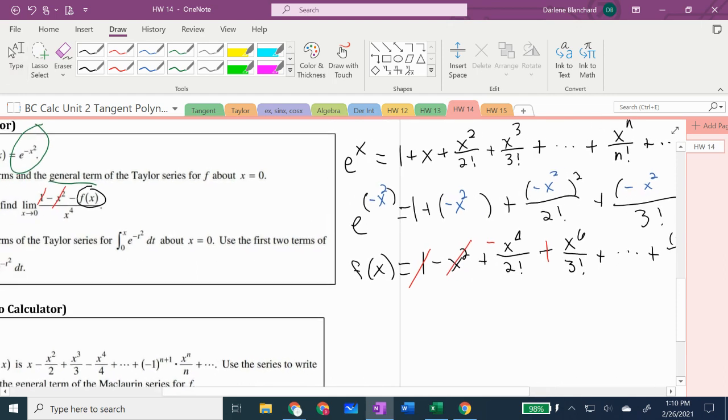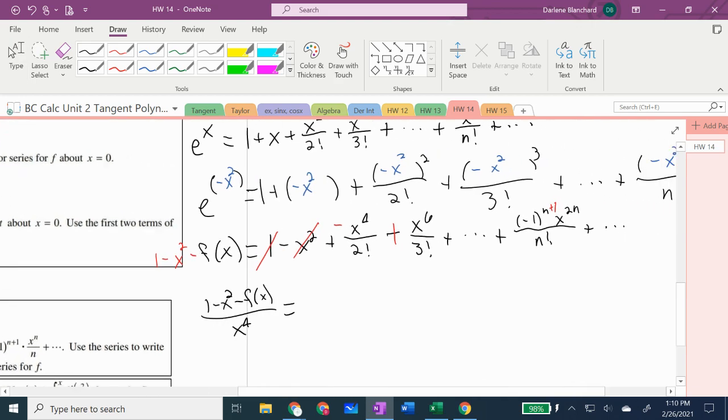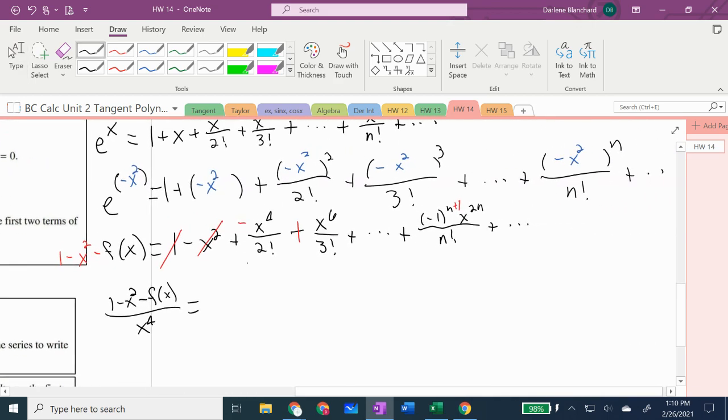And this is now my numerator, that is 1 minus x squared minus f of x. Then when I divide that by x to the 4th, I will have negative 1 over 2 factorial plus, and then x to the 6th divided by x to the 4th will leave me with x squared.